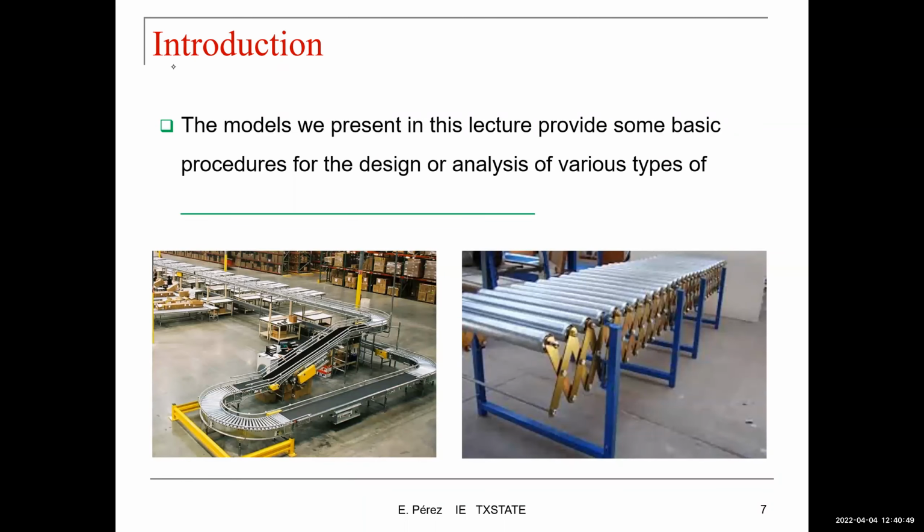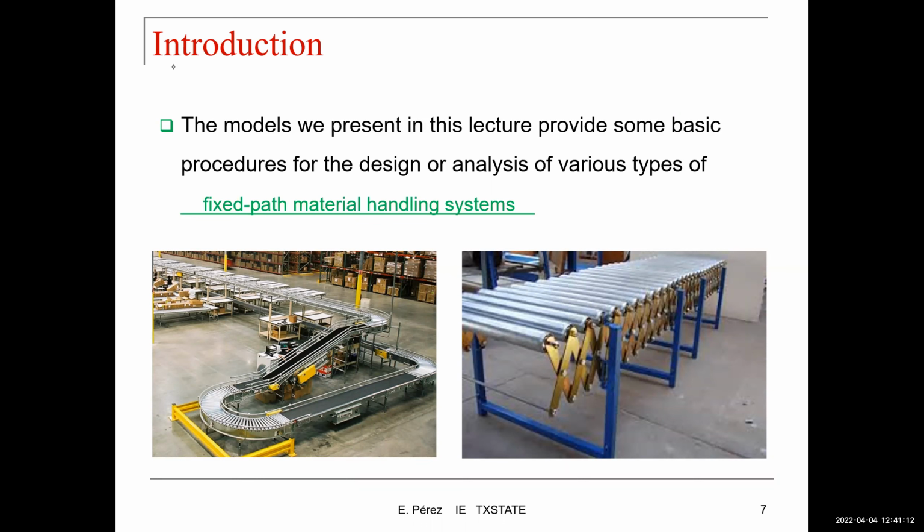The models we present in this particular lecture provide some basic procedures for designing or analyzing various types of conveyors or material handling systems that have a fixed path. If you remember our previous lecture, we discussed the difference between the cranes, the trucks, or the fire trucks, and also the conveyors.